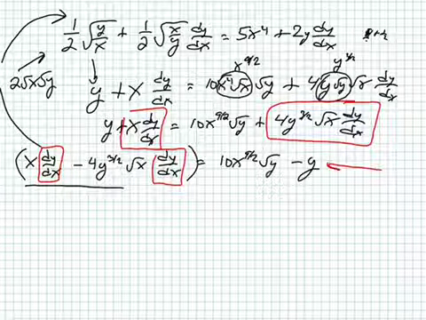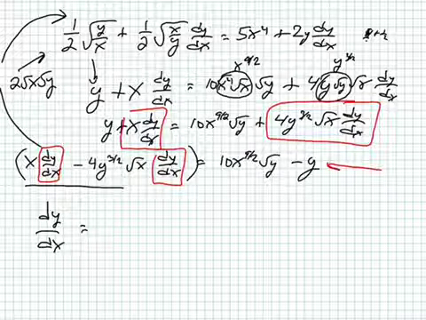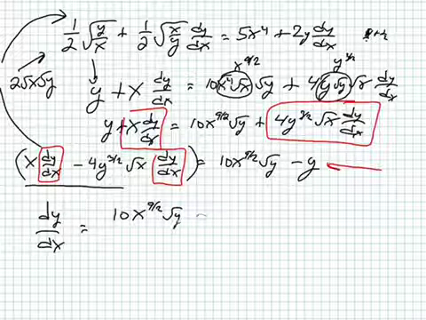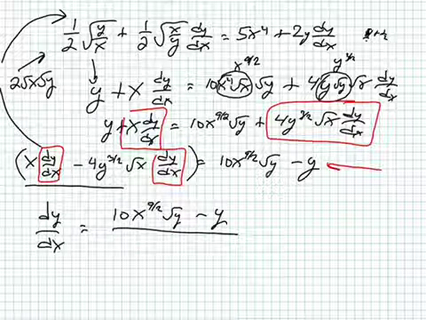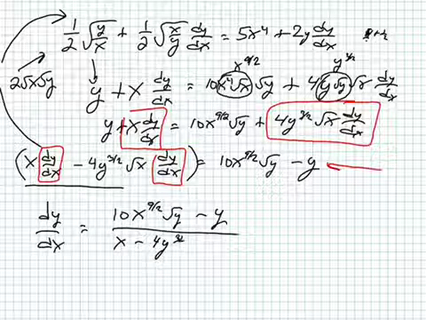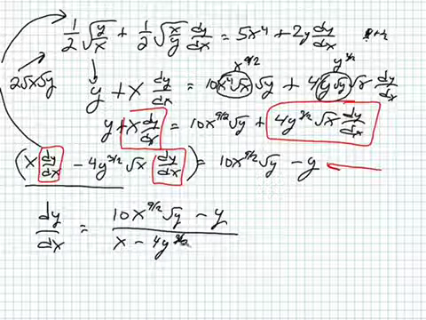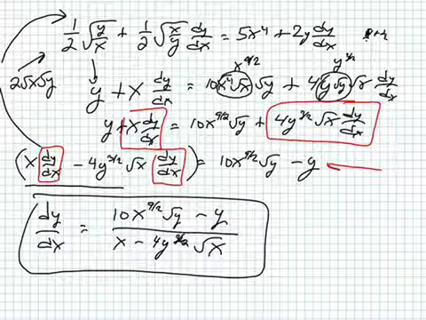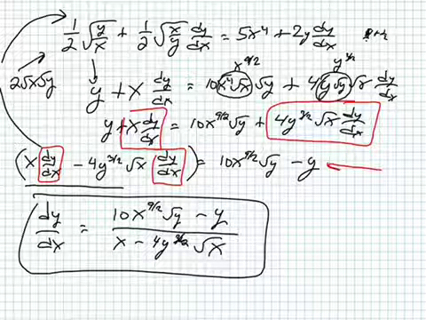So then I get dy/dx is equal to 10x to the 9/2 square root of y minus y, all over x minus 4y to the 3/2 square root of x. Done. Messy, but that's how you do it.